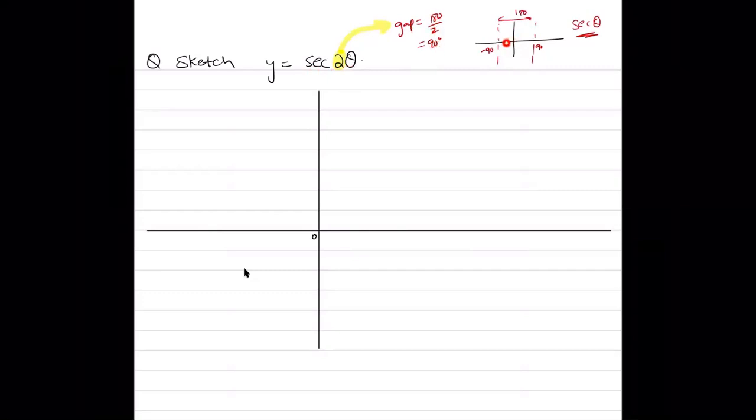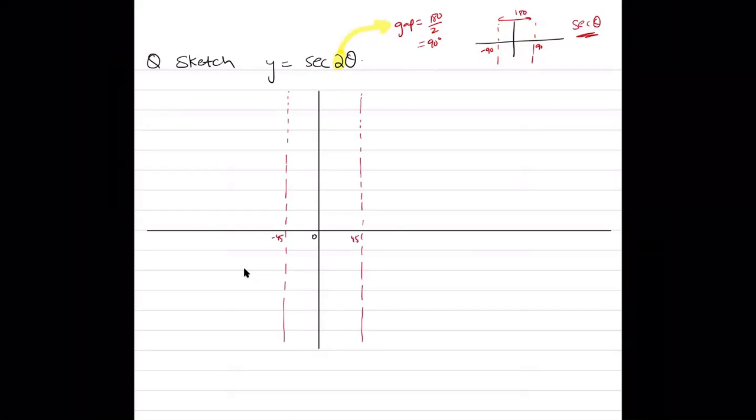So in order to maintain a gap of 90 degrees, where should the asymptotes go? 45 and minus 45? Yes, they are going to move to minus 45 and 45 to maintain a gap of 90 degrees.